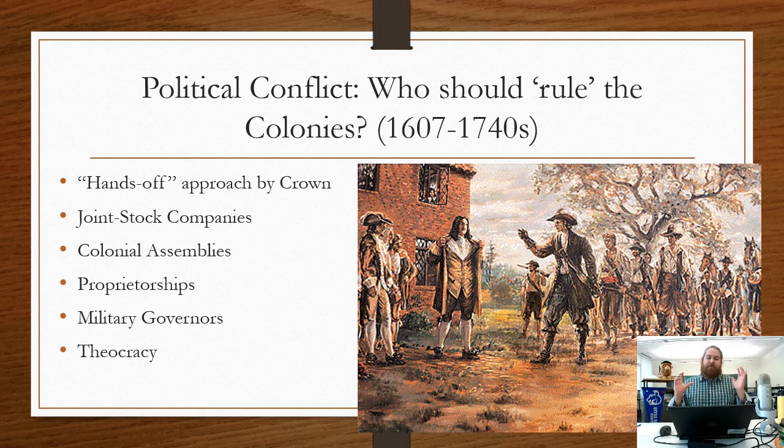Others were run by a military governor sent over from Great Britain. In Massachusetts Bay, it was theocracy, run by the religious leaders. And so there's all these weird different types of government, and Britain is really content at this time to not get involved. They're making money, people are going there. Really, it doesn't make any sense for them to get involved yet.